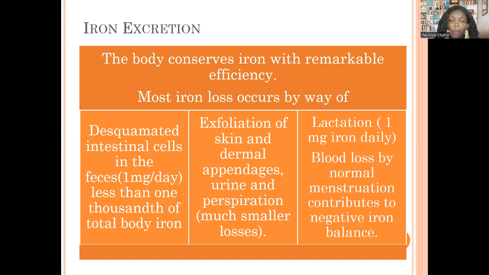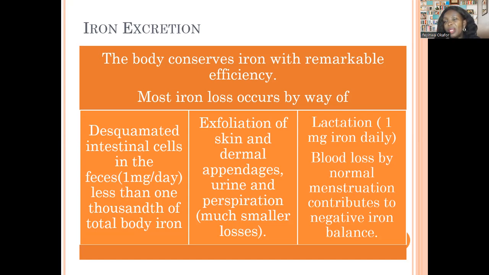And then exfoliation of skin and dermal appendages, dead skin cells, and then through urine and sweat, the body can also lose small amounts of iron, like 1 milligram. Women who are lactating can lose iron through milk, and then through menstruation.